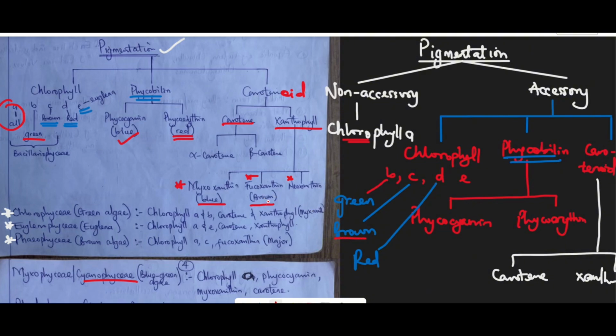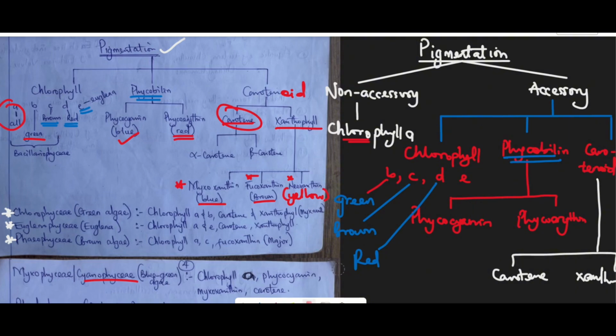Neoxanthin is yellowish in color. Now, for carotene as a classification under carotenoid, the alpha carotene is yellowish, like yellow to orange color. This one is also yellowish, but yellowish to red. It means that it is yellowish red.